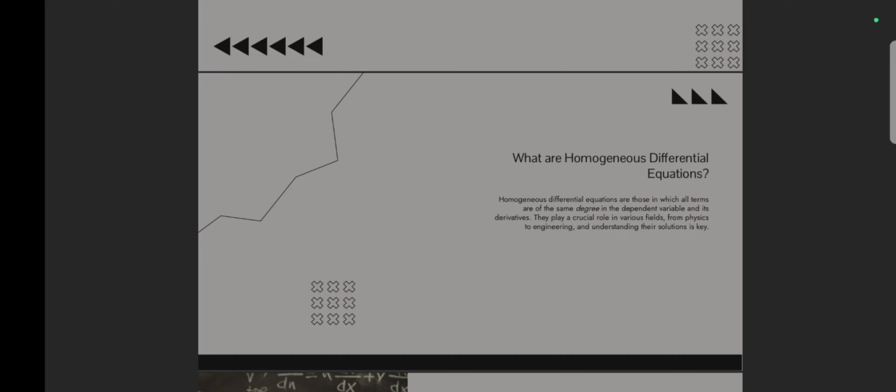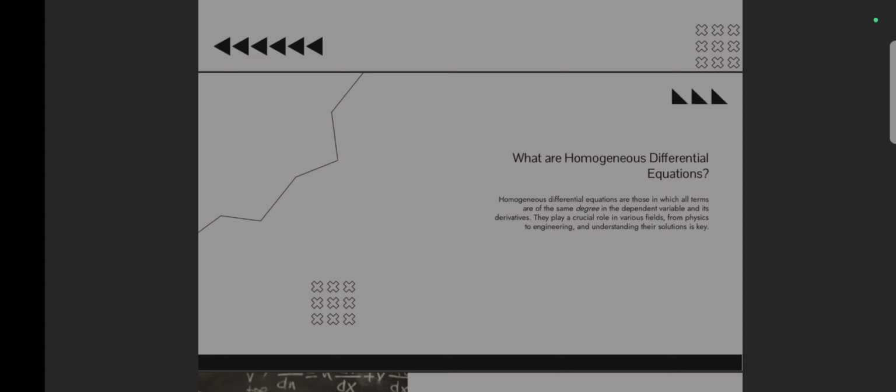Mathematically, a homogeneous ODE of order n is typically of the form f of x comma y comma dy by dx comma d square y by dx square comma and so on, up to d power n y by dx power n, is equal to 0, where f is a homogeneous function.